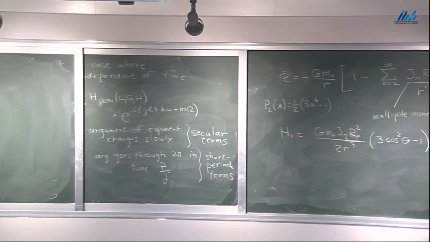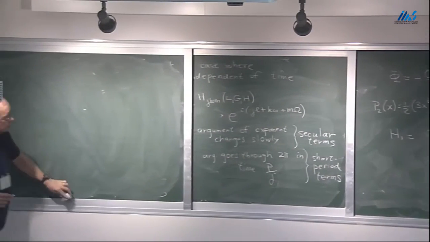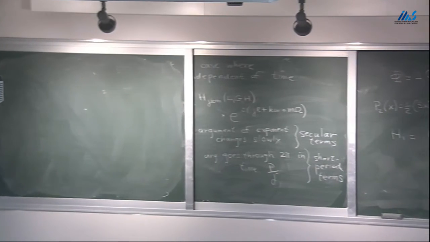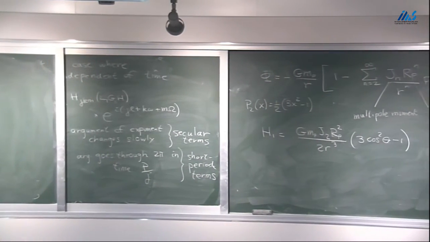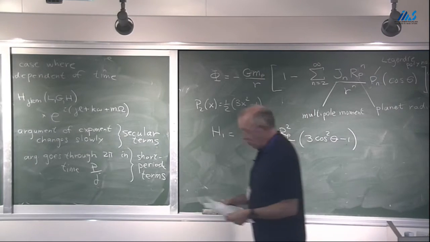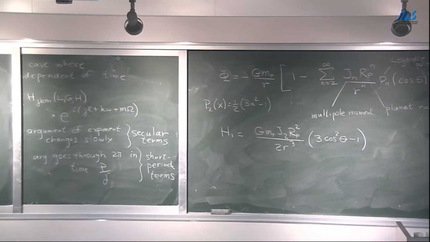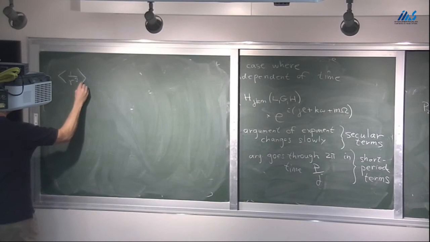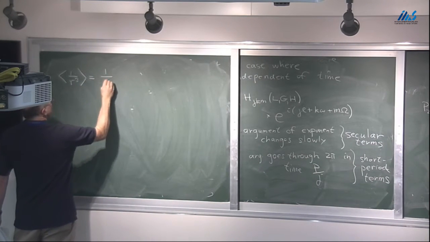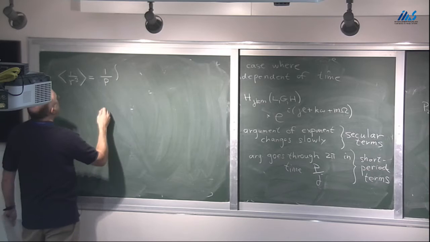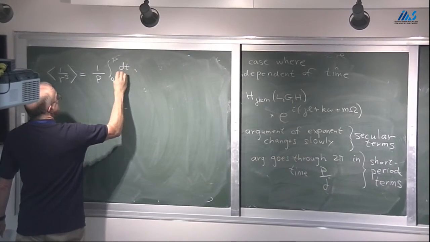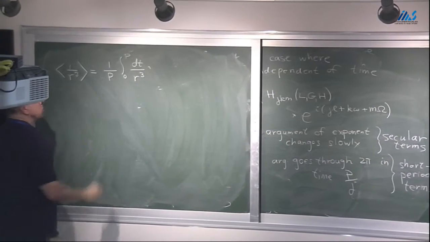Okay, so if I want to do this, there are two terms. This term has a 1 over r cubed, and if I want to average 1 over r cubed over the orbit, this is just 1 over the period times the integral from 0 to the period of dt over r cubed.